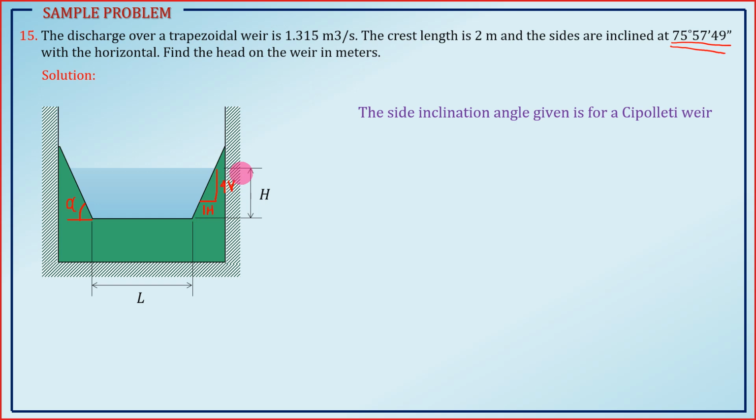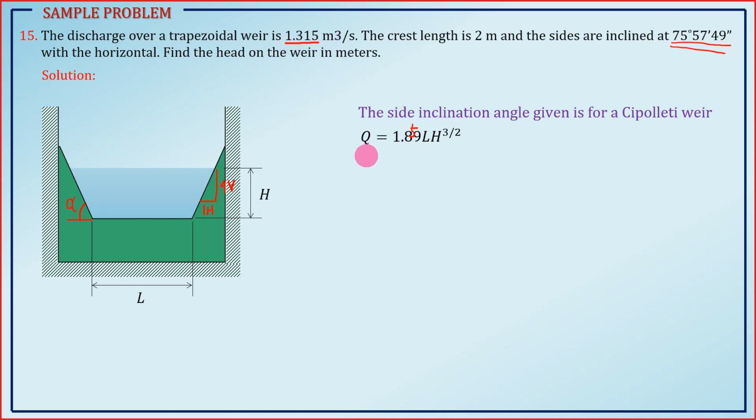So, the Q of a Cipolletti weir is equal to 1.859 L H to the 3 halves. Here's our equation. Q is given in the problem, that is 1.315.